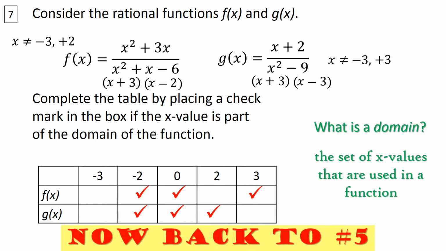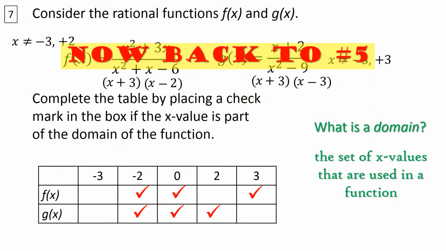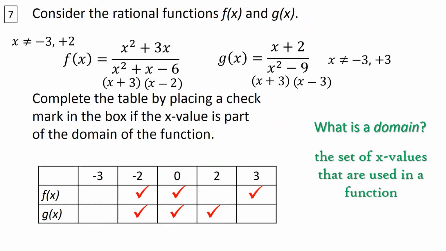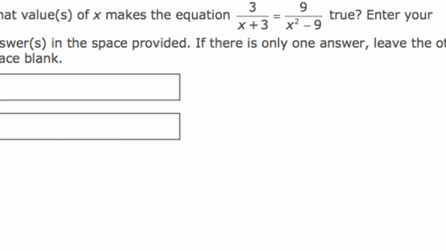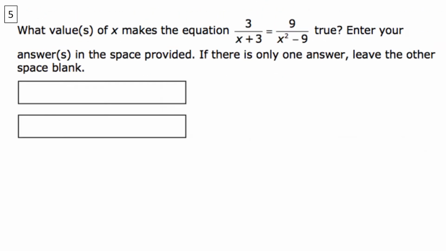All right, so let's come back to number 5. Okay, so we've got an equation here on number 5. We've got 3 over x plus 3 equals 9 over x squared minus 9. We want to know what values of x make that true.